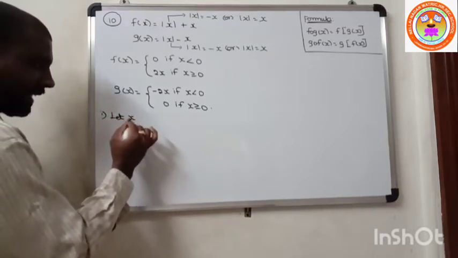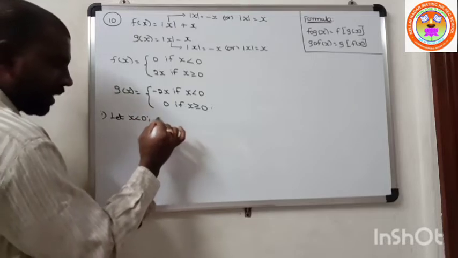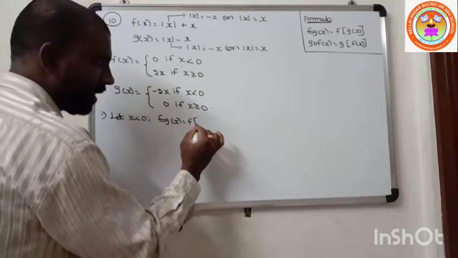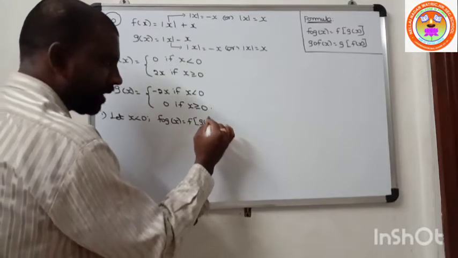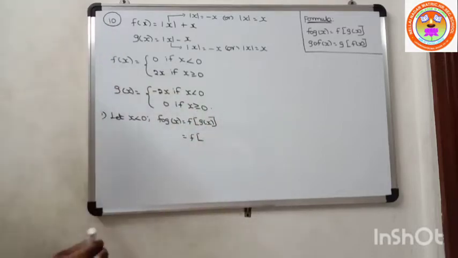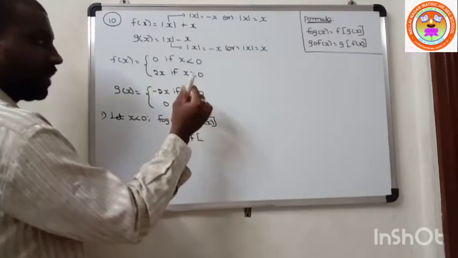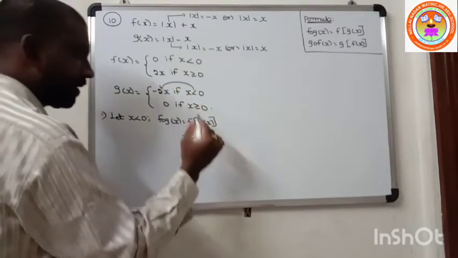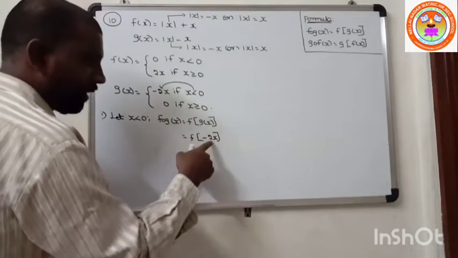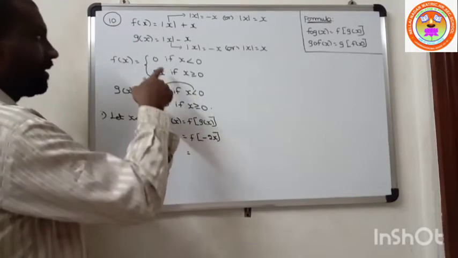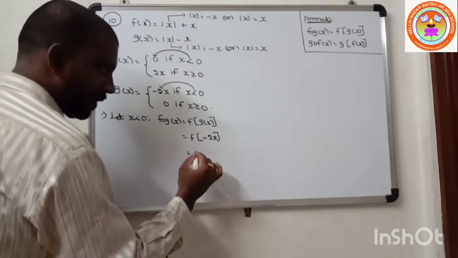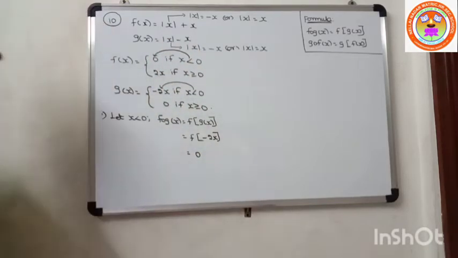Let x be less than 0. f composite g is f of g of x. For x less than 0, g of x is minus 2x. f of the inside bracket, f of x is 0, so 0.